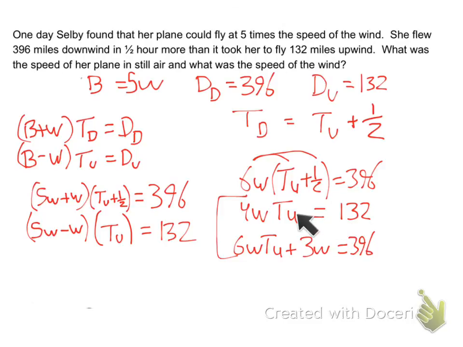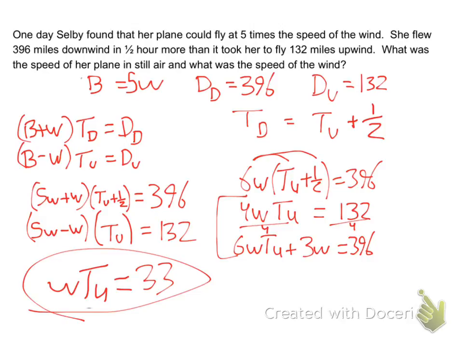Take a look at right here. What if I divided both sides by 4? Would I just get a WTU? And where else do you see a WTU? Right there. And so, I am going to divide both sides by 4. And so, WTU is equal to, what's 132 divided by 4? 33.